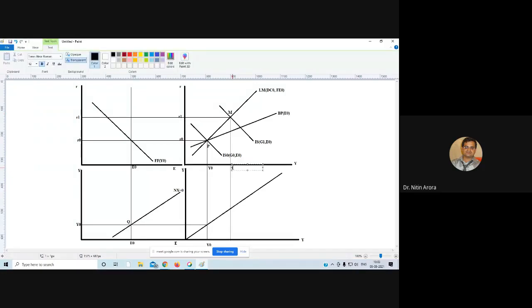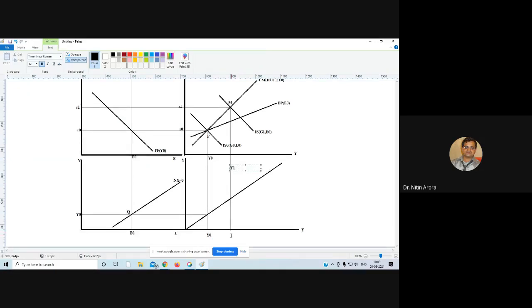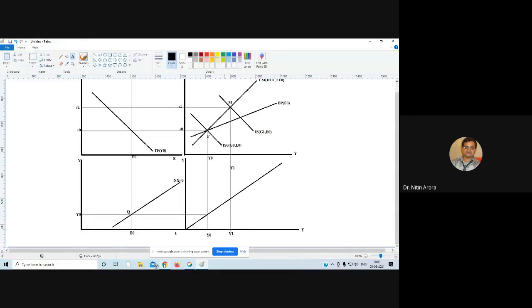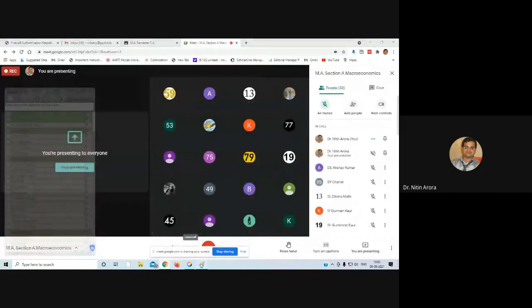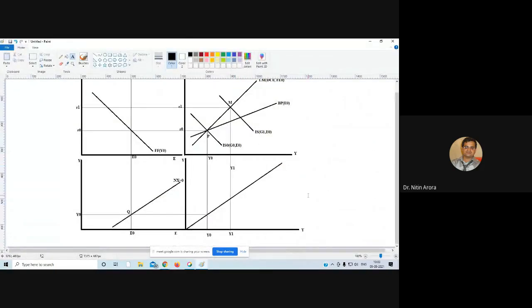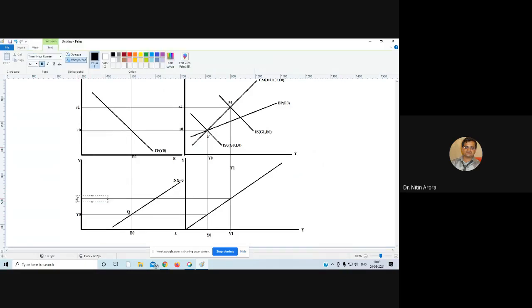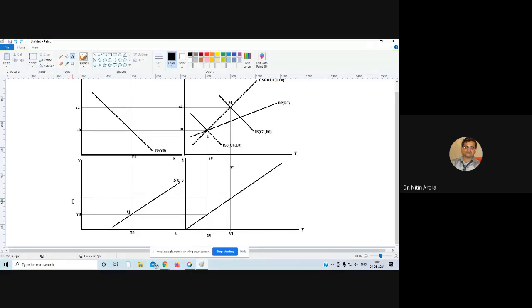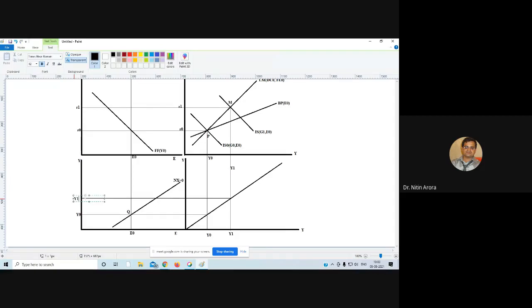Okay. Y1 is the level of temporary equilibrium income. So Y1. Y1 is the temporary equilibrium. We can mark it like this. Okay. Y1, higher income level, lower interest rate. Y1 is the income level.